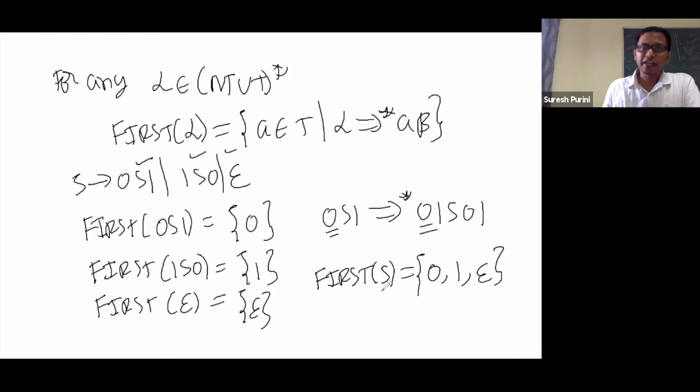So now let's define one more function called the follow function. The follow function is defined over non-terminal symbols. A is a non-terminal symbol, whereas the first function is defined over strings of terminal and non-terminal symbols.